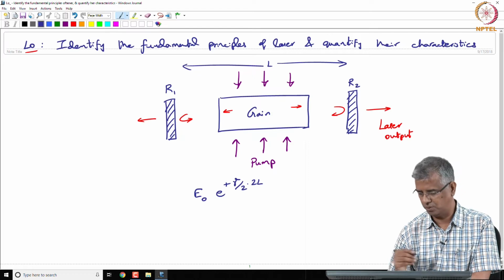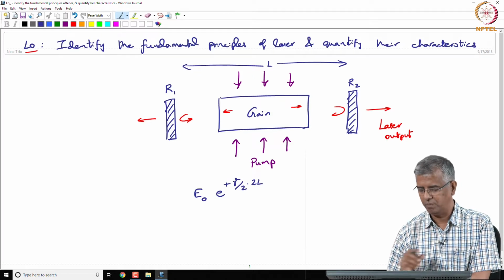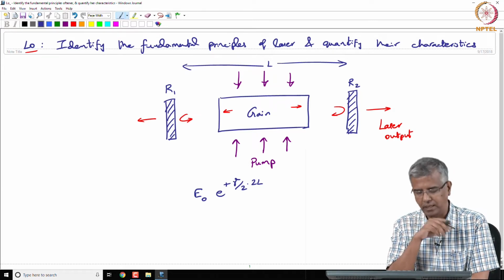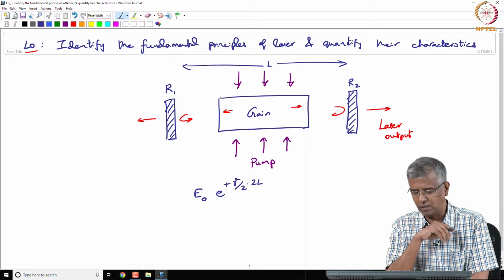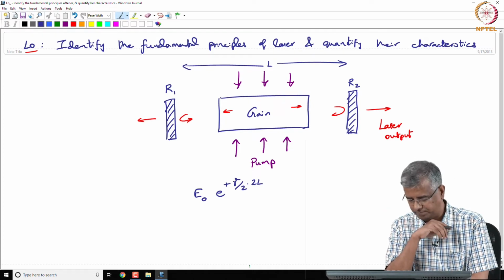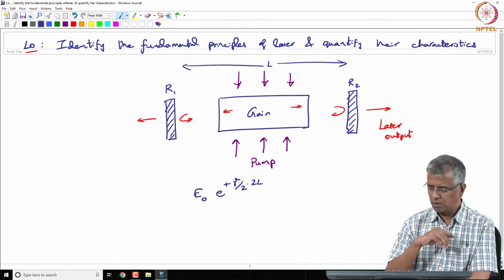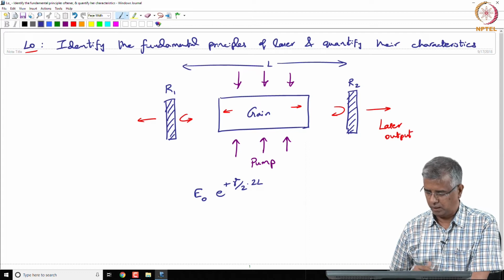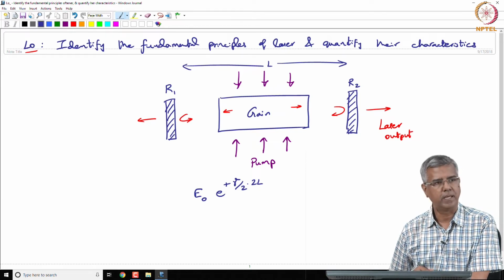Okay. So, although I have drawn it with a certain gap between the gain medium and the mirrors, typically you can consider that the length of the gain medium is actually the length of the cavity. Okay. So, it's going through a gain according to e power gamma times L, but it might also go through certain losses in the cavity.